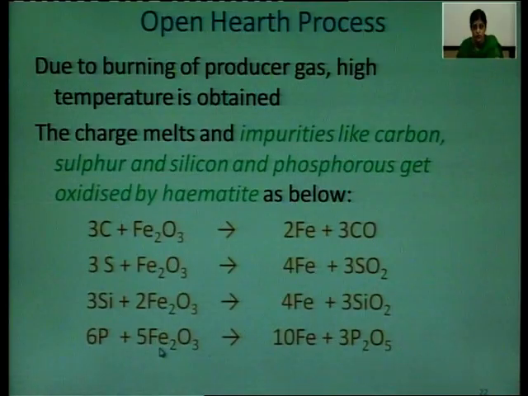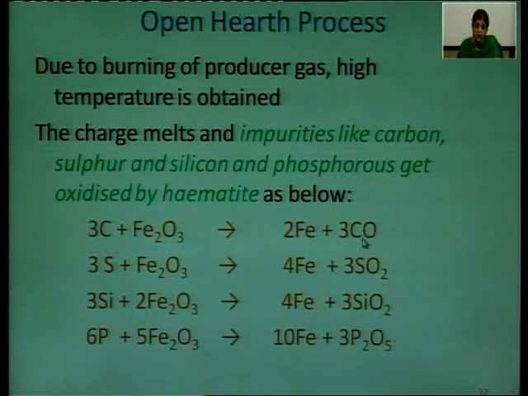Phosphorus and Fe2O3 will react to form Fe plus P2O5. This is phosphorus pentoxide. So, we are seeing that the impurities of carbon, sulfur, silicon and phosphorus are being converted into their oxides and iron is obtained.